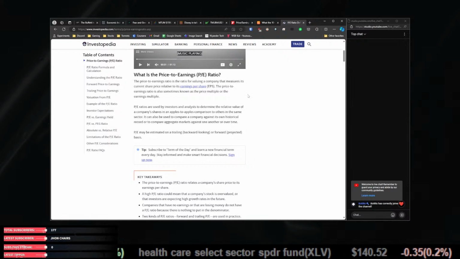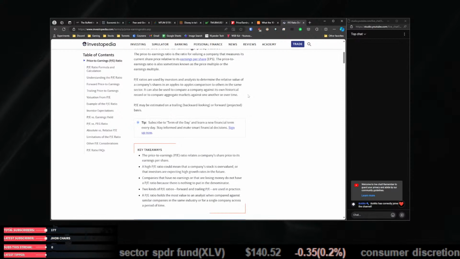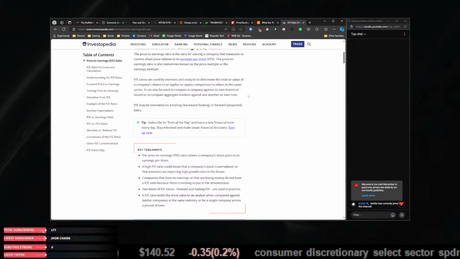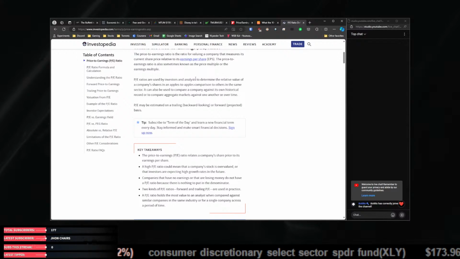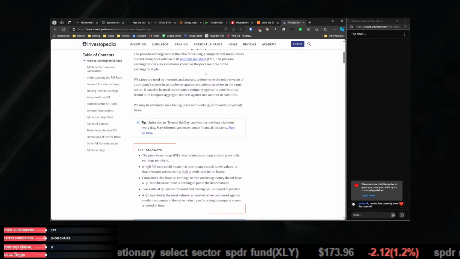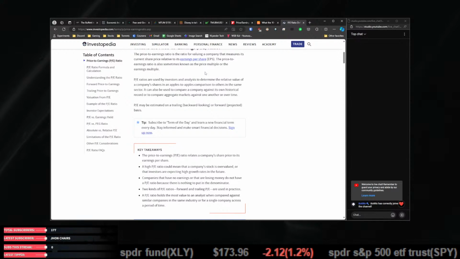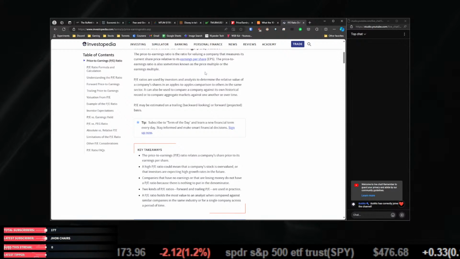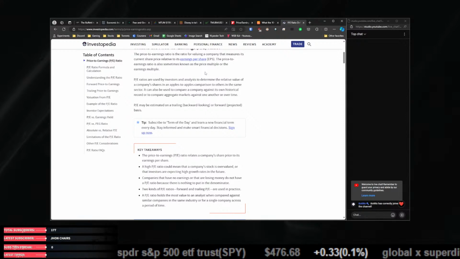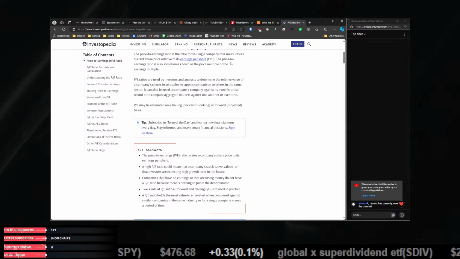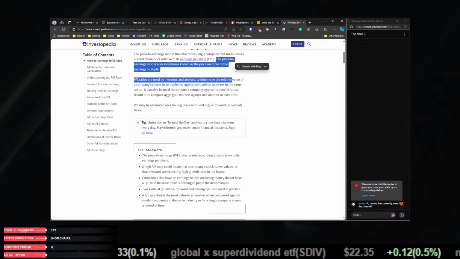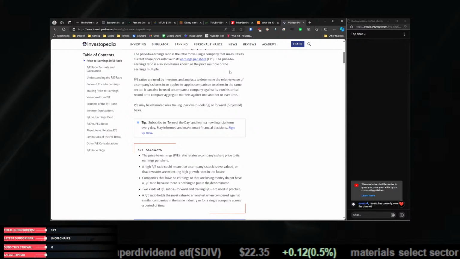The PE ratio is the price to earnings ratio, which is used for valuing a company and measures its current share price relative to its earnings per share. The price to earnings ratio is sometimes also known as the price multiple or the earnings multiple, so if you ever hear anyone use those terms, they're referencing the PE ratio.